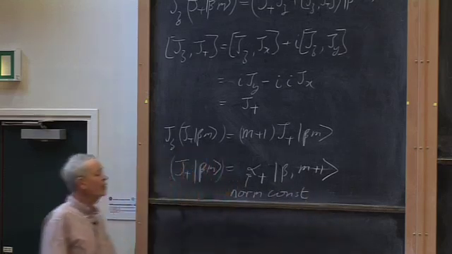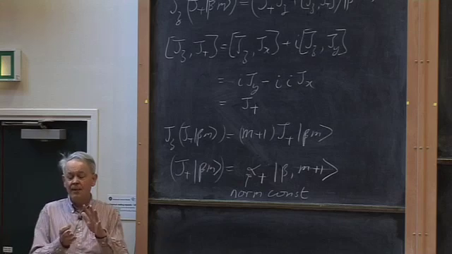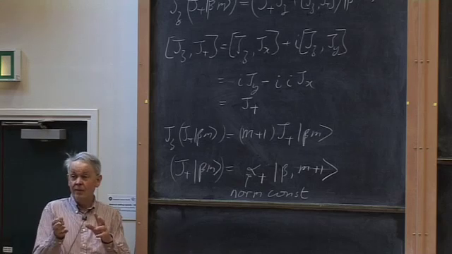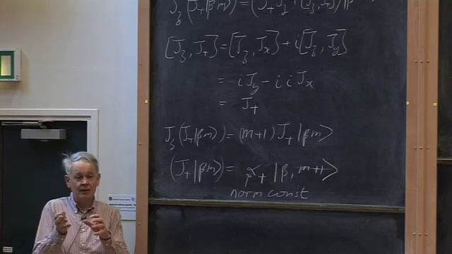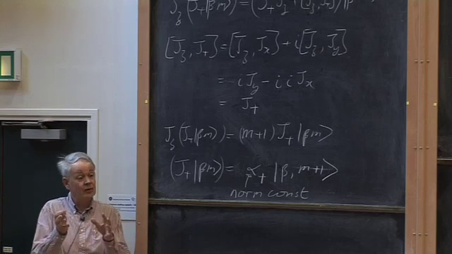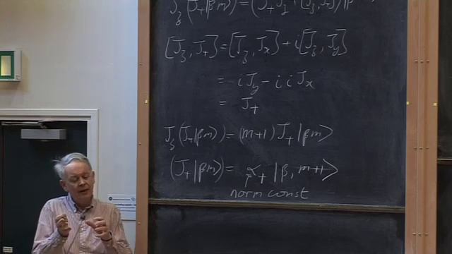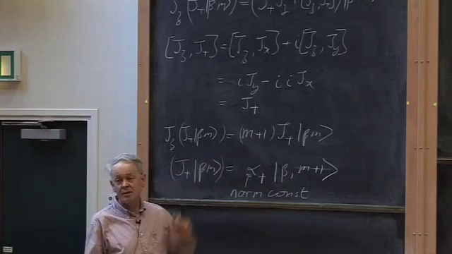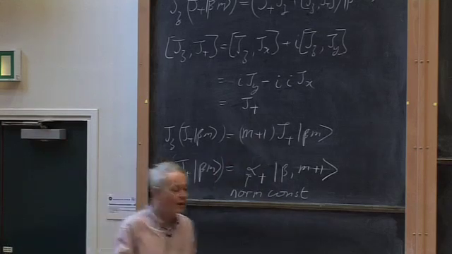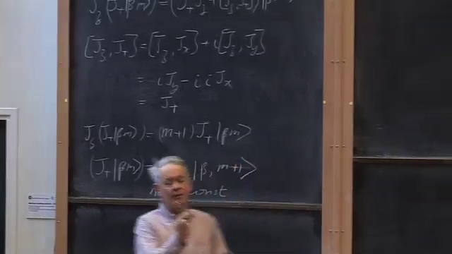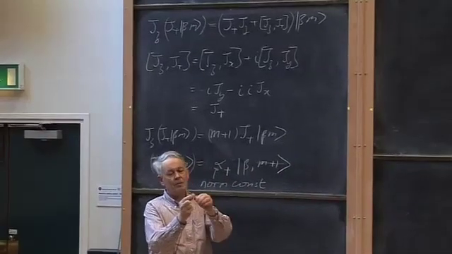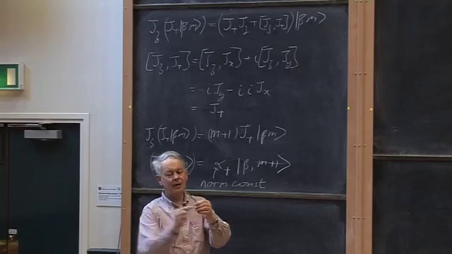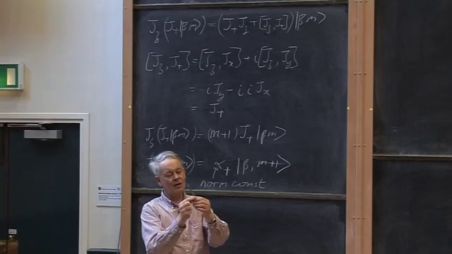So what have we achieved? When we applied J plus to this state |j, m>, we made a new state with the same total amount of angular momentum, the same response to J squared, but the amount of this parallel to the z-axis has increased. So we have reoriented our system, right? We have a spinning top, well, okay, some angular momentum along here, and we've moved it a bit towards the z-axis.